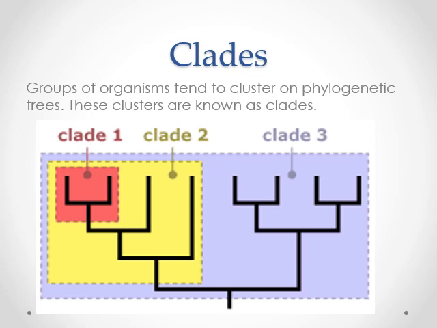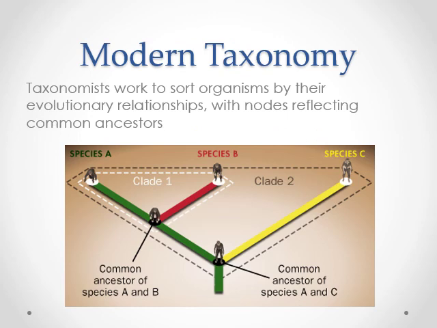A clade is just another word for groups of organisms. So the modern taxonomist works at figuring out clades that reflect ancestral organisms, the common ancestor. Figuring out what organism goes in what clade.